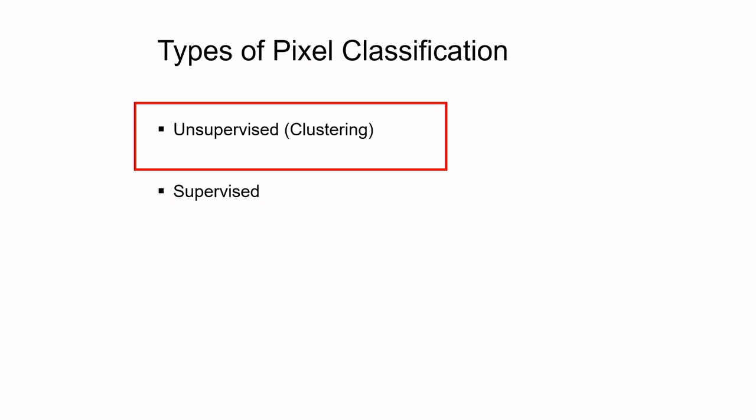So in this particular session, we're going to focus on unsupervised. What this means is that the computer is going to do the majority of the work by looking at the relationship between the pixels, for example, the distance between each pixel and its neighbors, and also the spectral properties, and based on that it is going to create a bunch of clusters.